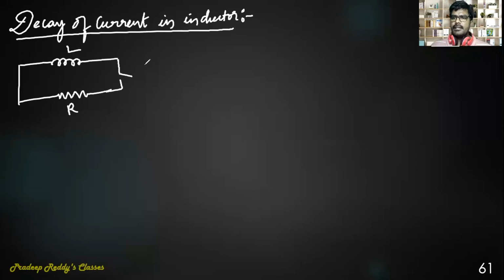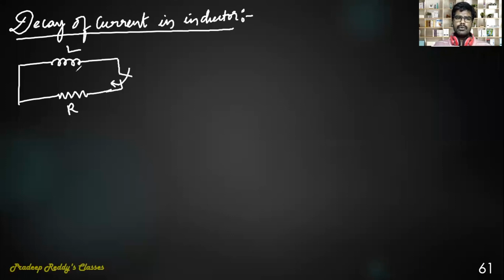As initially we are connecting the inductor and resistor with a battery, an induced EMF is developed in the inductor, and maximum current is gained, and that induced current will be there in the inductor itself. Now when you remove the battery and connect the inductor, in which current has grown, to a resistor, there is no battery in this circuit, and you are just joining these two.